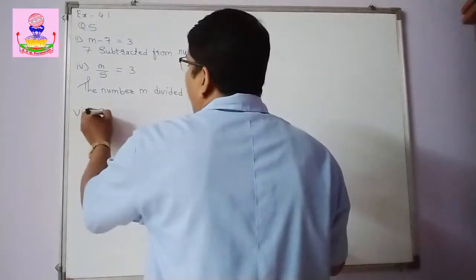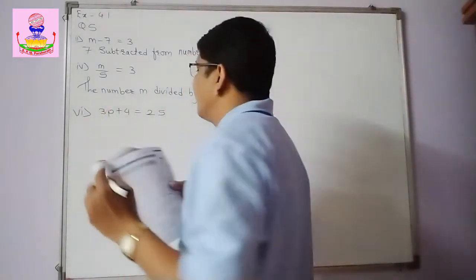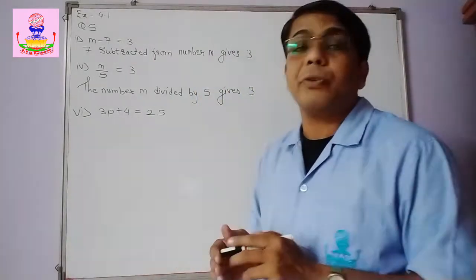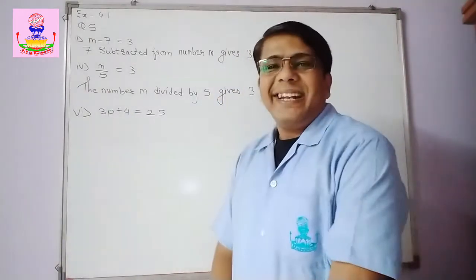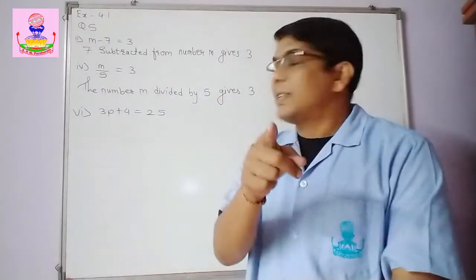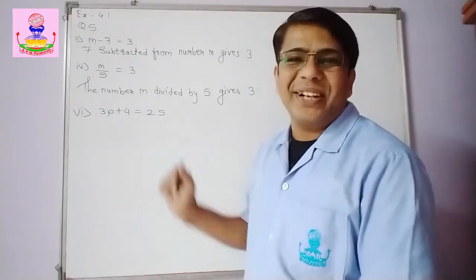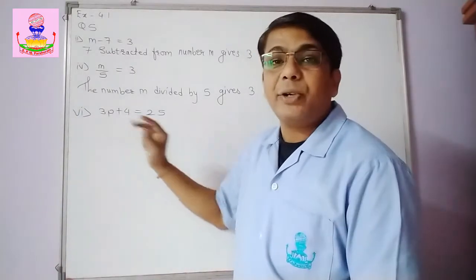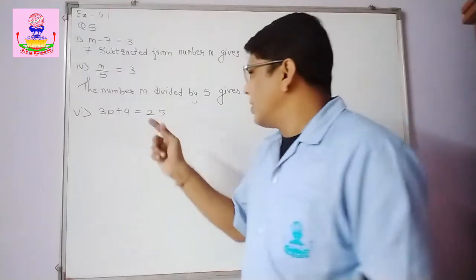3p plus 4 is equal to 25. So what can we do? 4 added to 3 times p gets you 25. 4 added to what? 3 times of p.